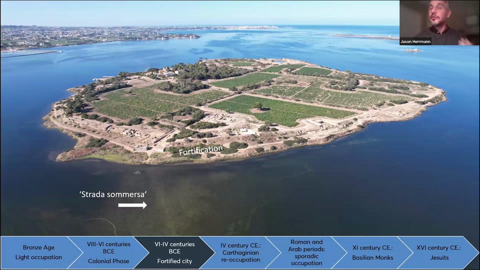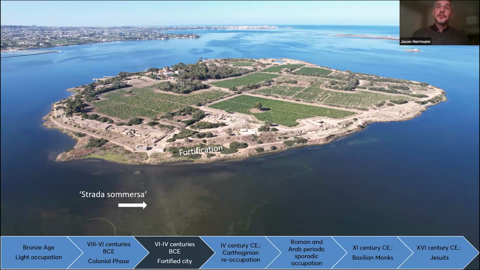Here's a timeline just showing you the life of Motya. In the beginning, before the Phoenician colonists arrived, there was a Bronze Age occupation on the site. Bronze Age native Sicilians, very small signal, but not one nonetheless. These were ethnic Elymian people, one of three cultural groups identified in Sicily.